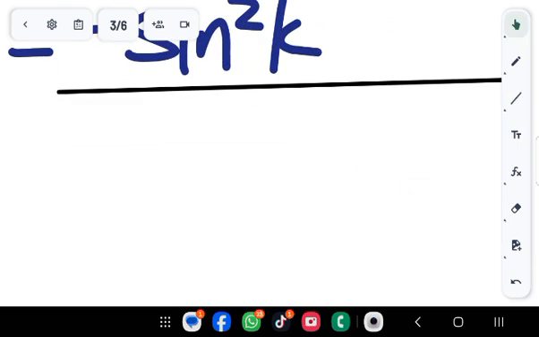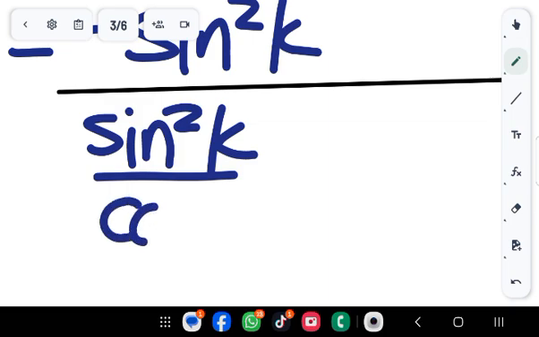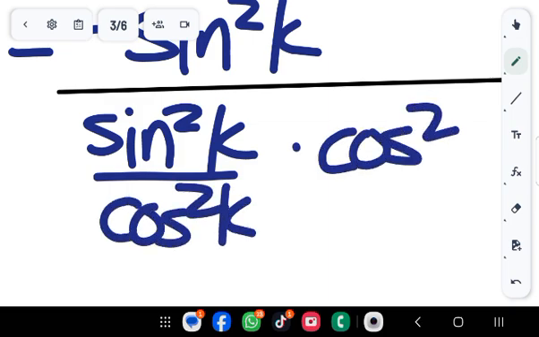That is sine squared k over cos squared k. Now multiply that by cos squared k.